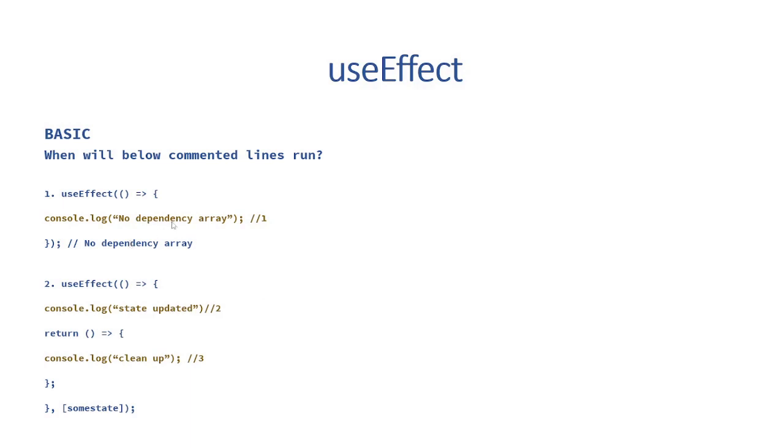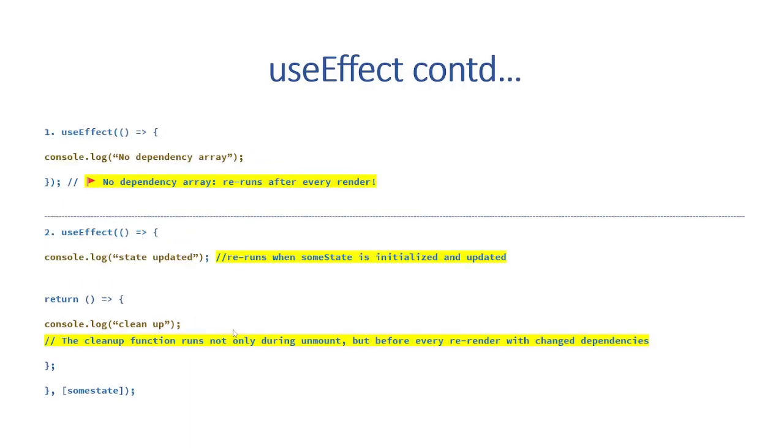The first one is the no dependency array log. When will it be printed? The second one is state updated, and the third one is the cleanup. The cleanup one is inside a return statement, and the second one, the state updated one, is inside a useEffect which has a state, and the first one, no dependency array, is inside a useEffect which has no dependency array. So let's see the answer now.